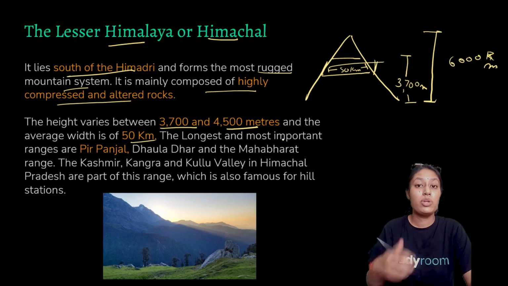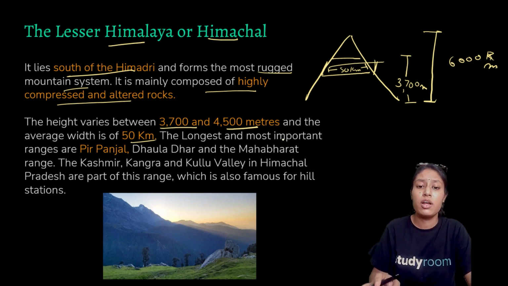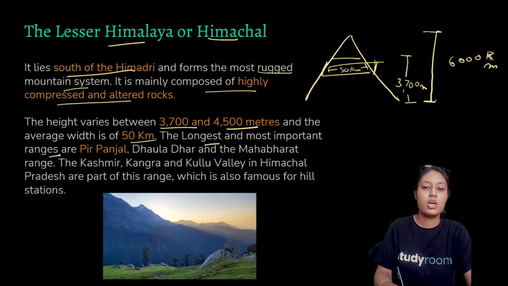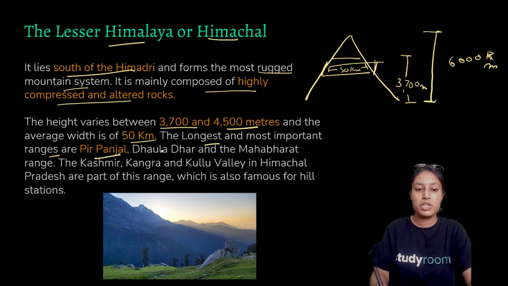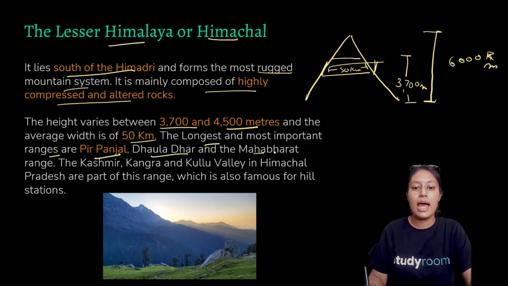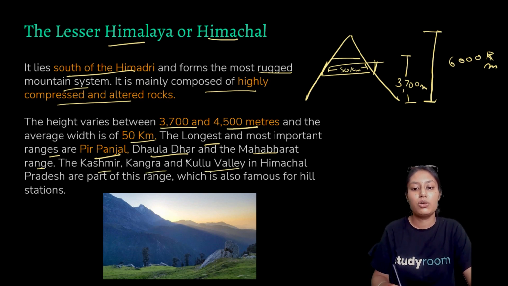Now we'll study a few important ranges of Himachal, and I'm sure you must have heard the names of most of the places. The longest and the most important ranges are Pir Panjal, Duladhar, and Mahabharat range. These lie on the Kashmir, Kangra, and Kullu Valley in Himachal Pradesh.